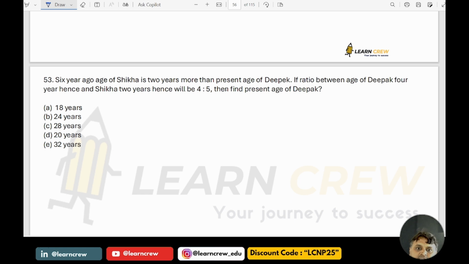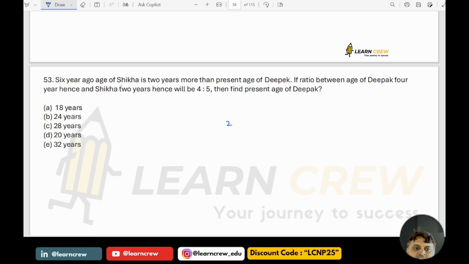So here, the present age of Deepak, if the first option is 18, 18 plus 4, 22 is not a multiple of 4. So it cannot be. So 24 plus 4, 28. 28 is a multiple of 4. So we can think of it.